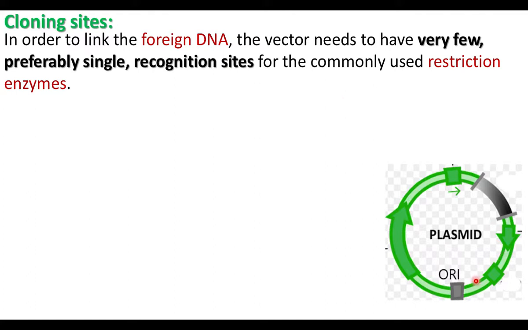And the cloning vector or plasmid DNA must replicate. It has to make a copy of itself. When the cloning vector makes a copy of itself, the foreign DNA also will be copied.